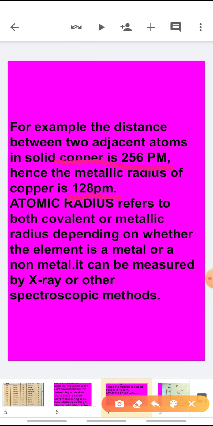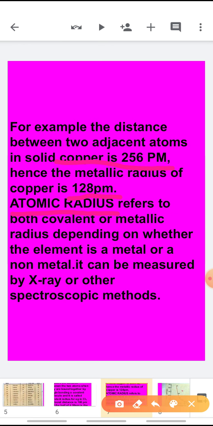Now, coming to the important point, the variation of atomic radii in a group or in a period, how the variation takes place. We can say that atomic radii refers to both covalent or metallic radii, depending upon whether the element is a metal or a non-metal.